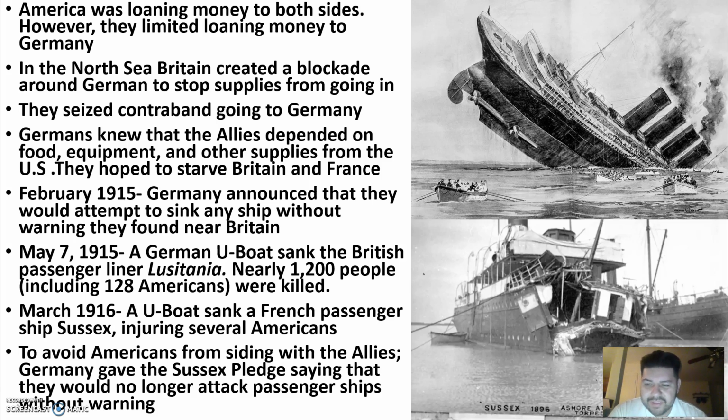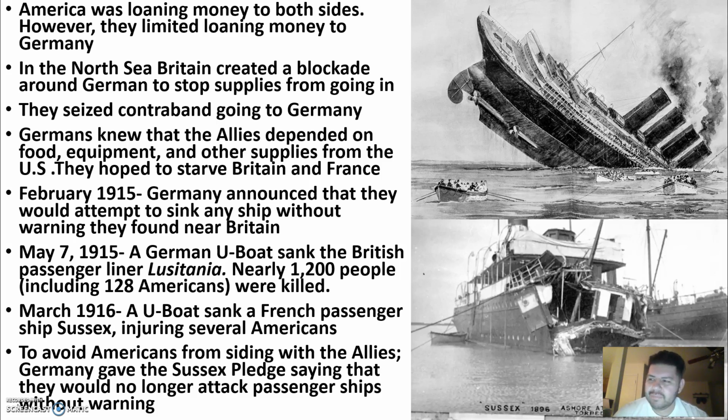Now, on May 7th, 1915, a German U-boat sank the British passenger liner, the Lusitania. Nearly 1,200 people died, including 128 Americans. But here's the thing. The Germans said there were weapons on that ship. The Americans and British were like, no, there's no weapons.